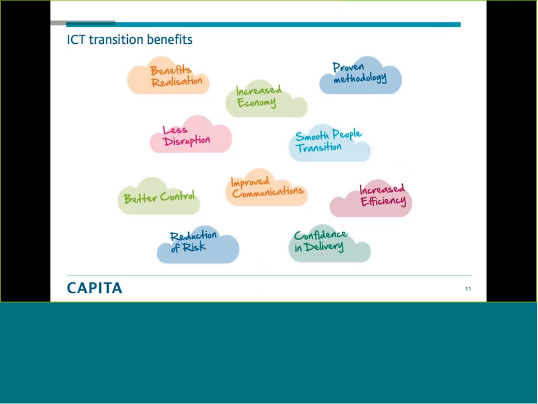By using the Capita IT Professional Services transition powered by Cutover, example benefits we've seen on engagement are the following. Better control. All parties understand in real time what they and others are doing. A reduction in risk. So the emphasis on preparing through learning and rehearsal means risk is taken out of a live run. Confidence in delivery.